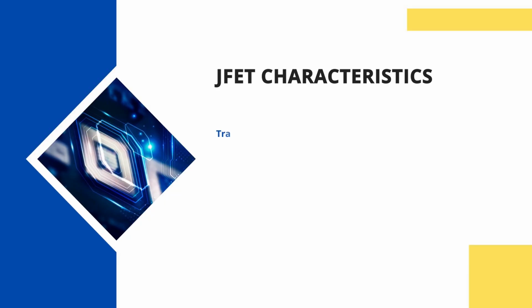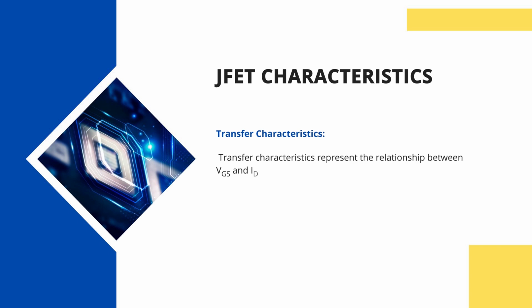Next is transfer characteristics. Transfer characteristics represent the relation between VGS and ID for a constant value of VDS. So, this is the relationship between the gate voltage and the drain current.